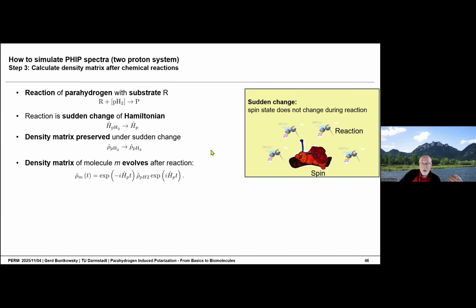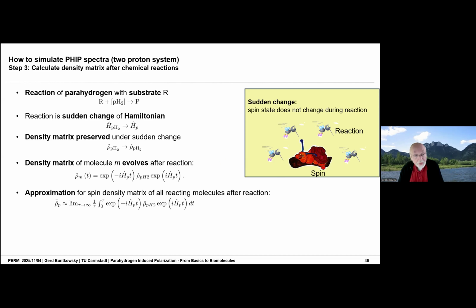Before the reaction, we start with a singlet state. After the reaction, the singlet state can evolve under the Hamiltonian at the polarization, at the reaction field, which means after some time t, we will usually have some change of the density matrix.